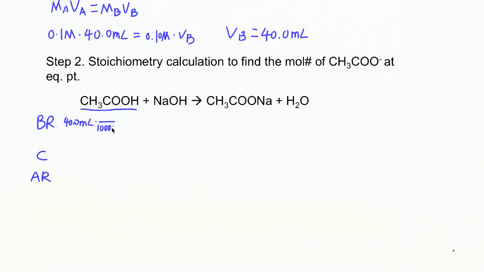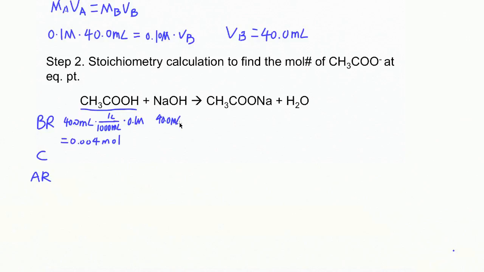Okay, so this is times the concentration, and that is 0.1 mole per liter. It gives me 0.004 mole. For sodium hydroxide, we do the same thing. The volume of the sodium hydroxide to reach the equivalence point is 40 ml.